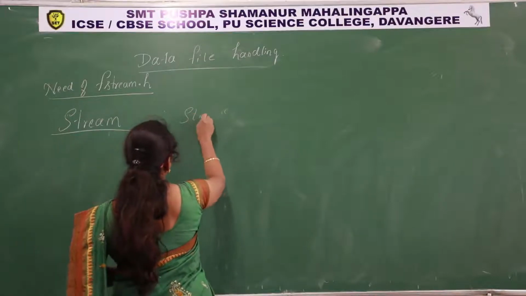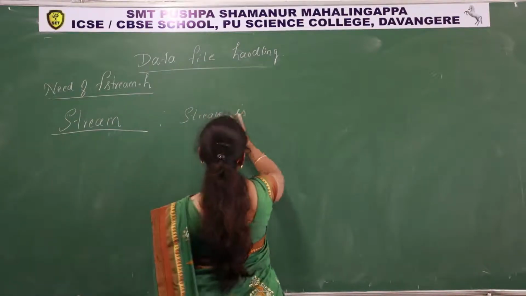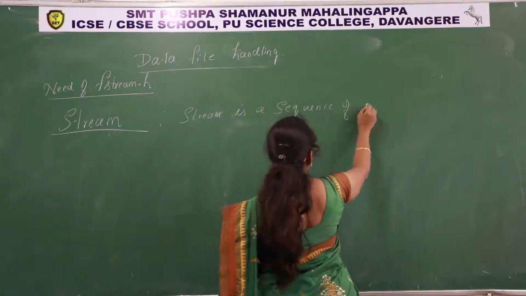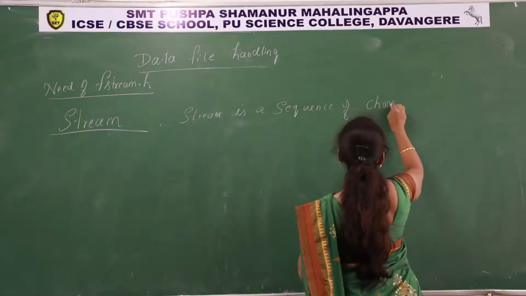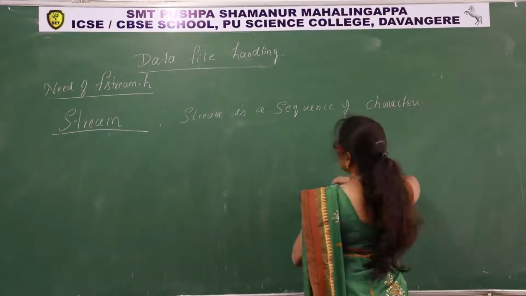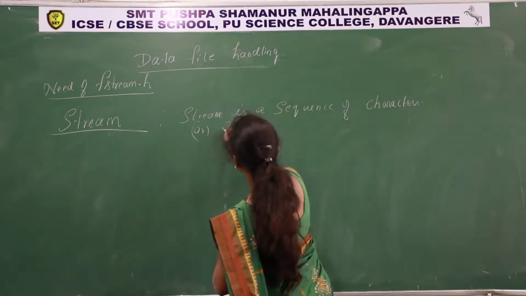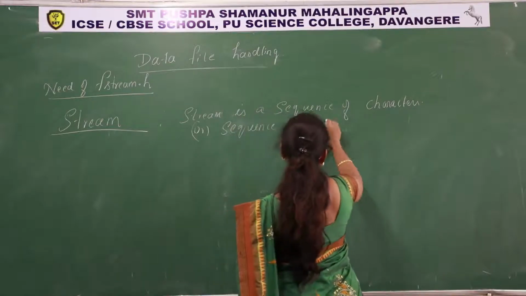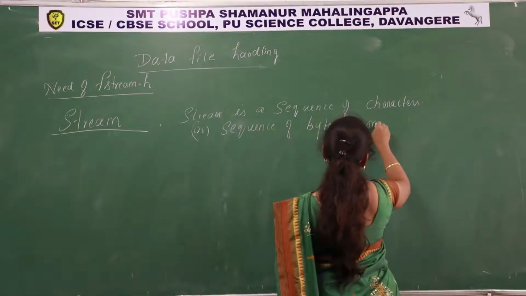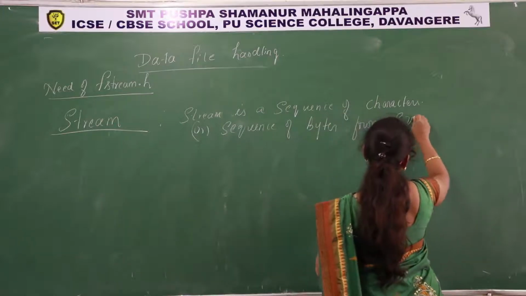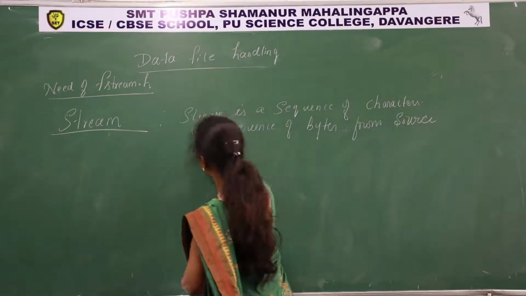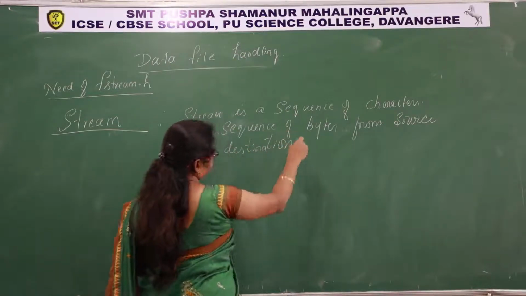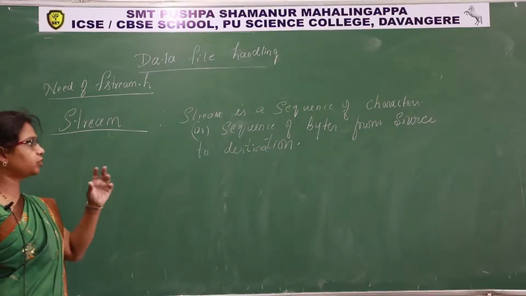Stream is a sequence of characters or sequence of bytes from source to destination. How to understand the word stream?